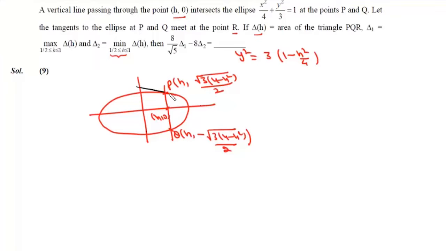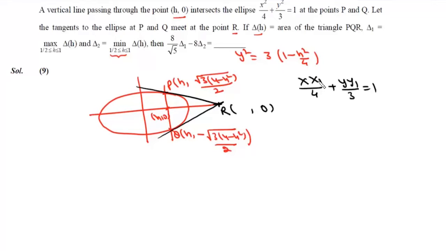Now it says tangents are drawn at P and Q. If tangents are drawn at P and Q, they'll intersect at this point R, and from symmetry we know that its y coordinate will be 0. Now if we write the equation of tangent at P, we know that the equation of tangent is given by x1 upon a square plus y1 upon b square, and it is equal to 1.